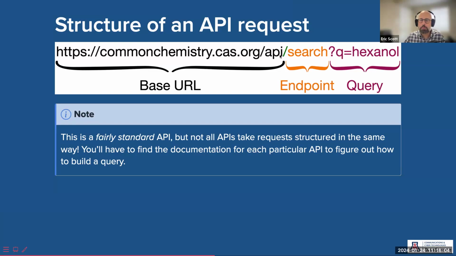This is where we start. commonchemistry.cas.org/api is our starting point, our base URL. And then we have what are called endpoints. So here we have /search. This is the search endpoint. And then after that, we have some kind of query. That's this question mark q equals hexanol, which is what I typed into the search bar. So that's the equivalent of that.